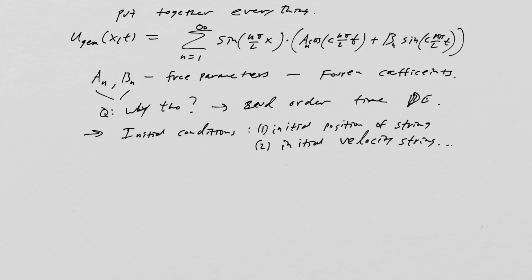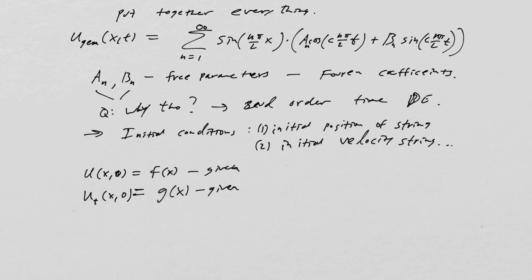Okay, so we can say that u at x comma 0 is equal to f of x. Again, this is given. And we also need ut of x comma 0 equal to g of x, also given. To get an answer from this, we set t equal to 0.